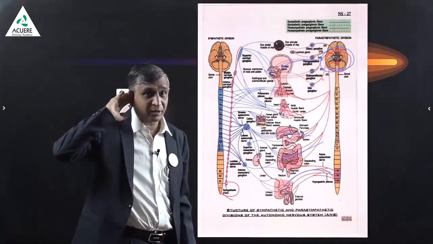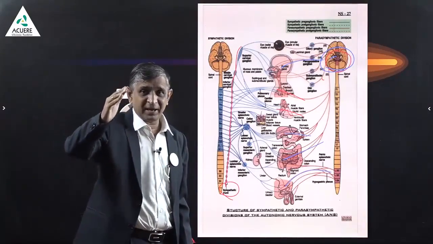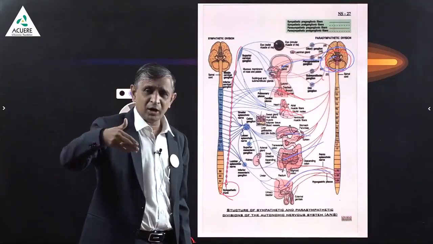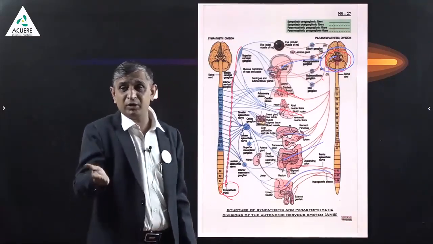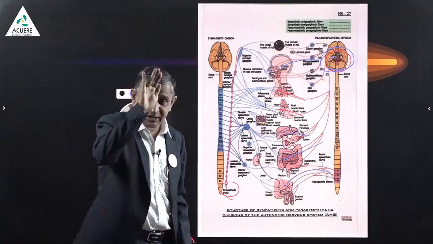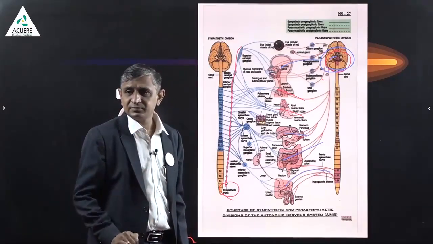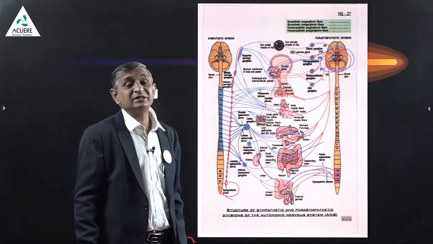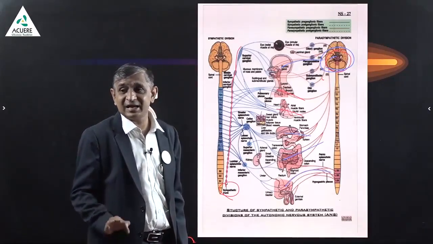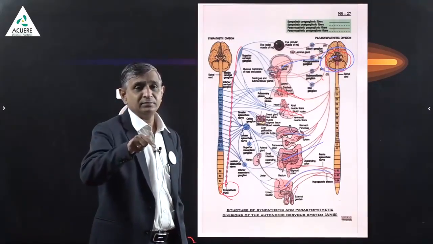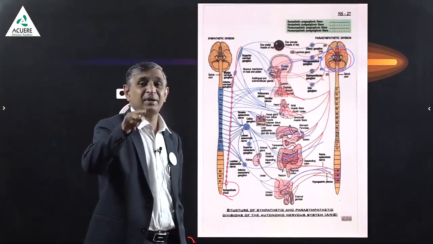This is a very important point. When the parasympathetic nervous system, when the cholinergic nervous system is stimulated by some drug, the function of the organ concerned decreases. Acetylcholine decreases the heart rate because it is a cholinergic stimulant, because it is a parasympathetic stimulant.